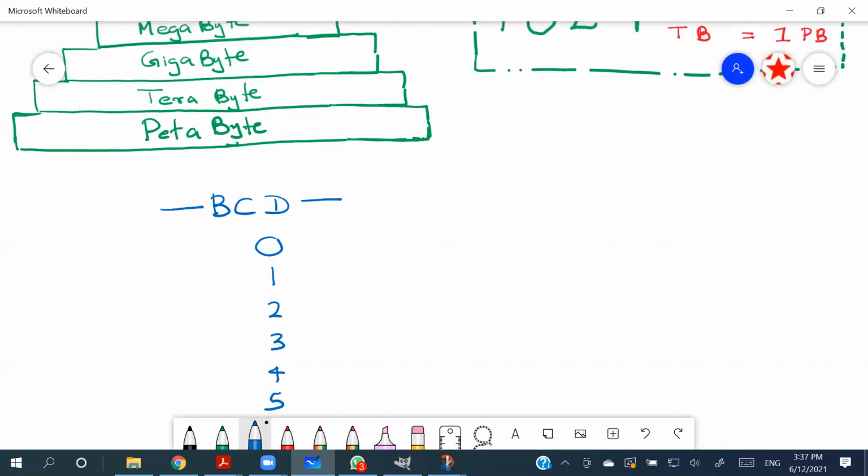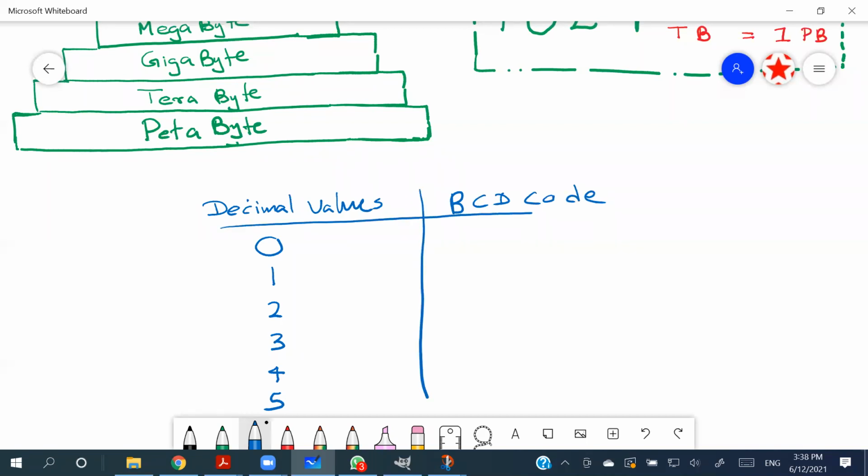So up to 9, they allow us to write things in 4-bit code, right? So in BCD, these are the decimal values. And there is a code for BCD. So this is called the BCD code.